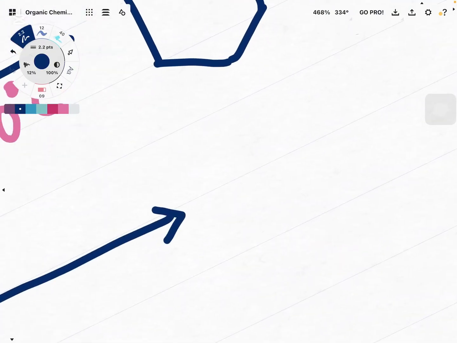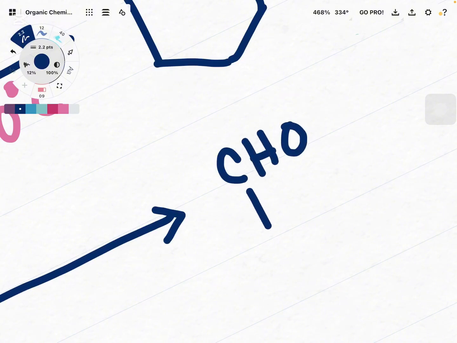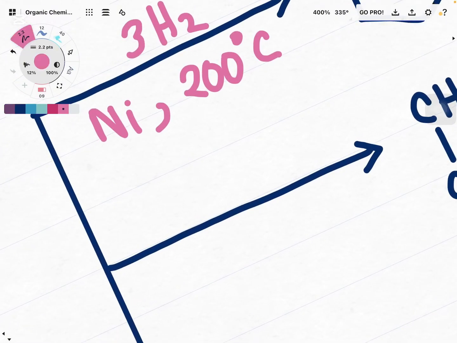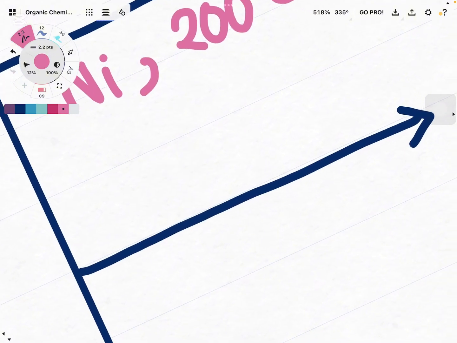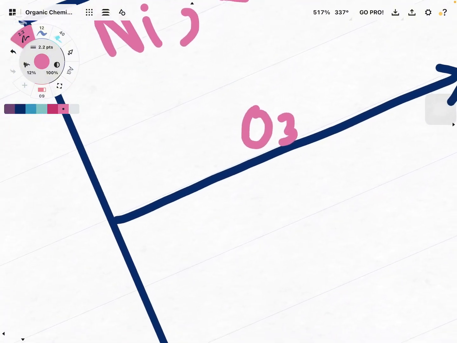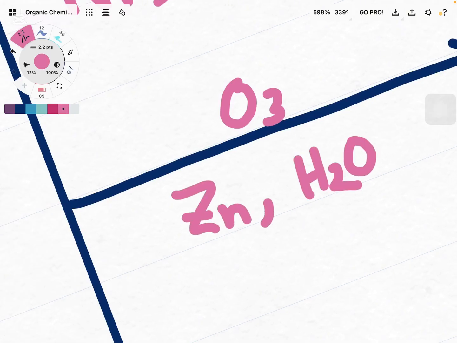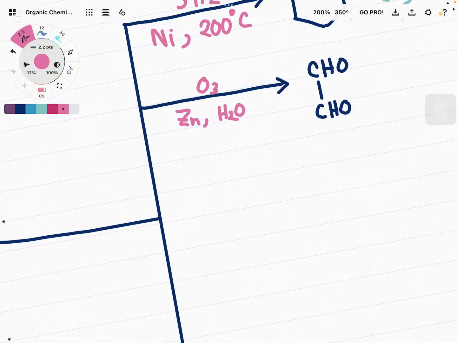So the glyoxal is CHO. So to make it, we will take help of ozone, O3, and zinc and H2O. So it is our glyoxal.